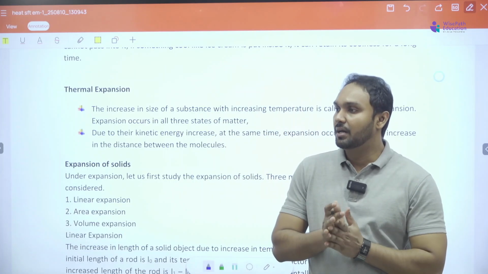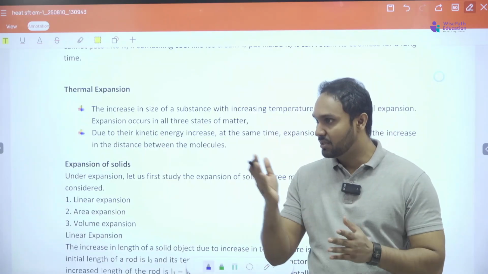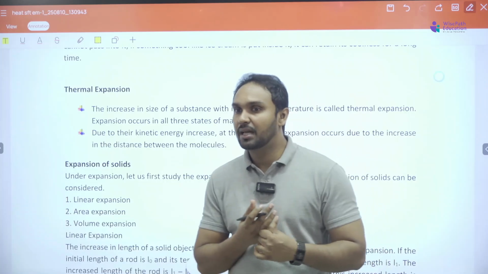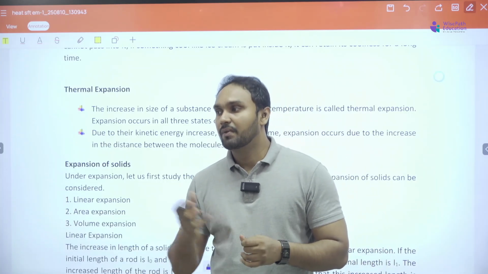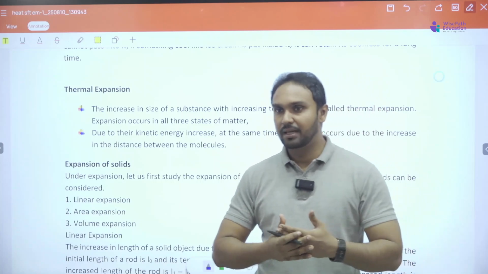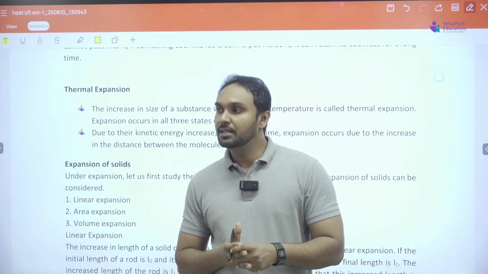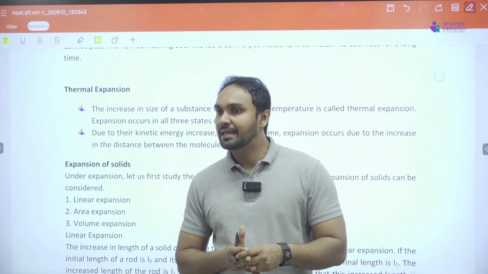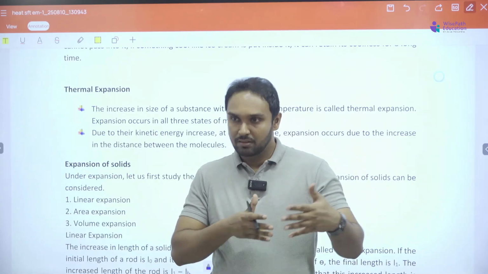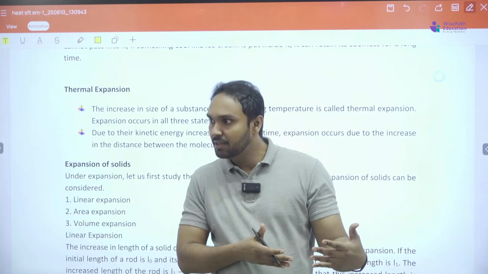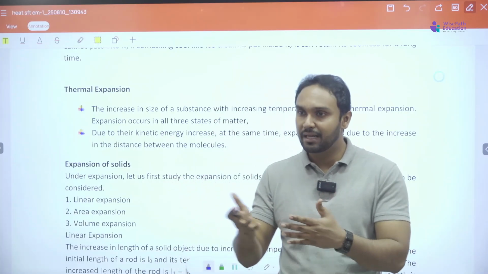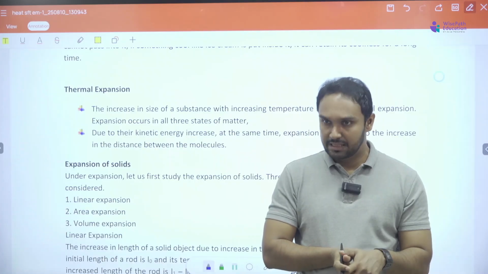So this expansion happens in three ways to an object. What are the three ways that it expands? One is the linear expansion, or the increase in length. Second is area expansion, the expansion of the area. If the length increases, that means the breadth and the length are increasing, so the area is also increasing.